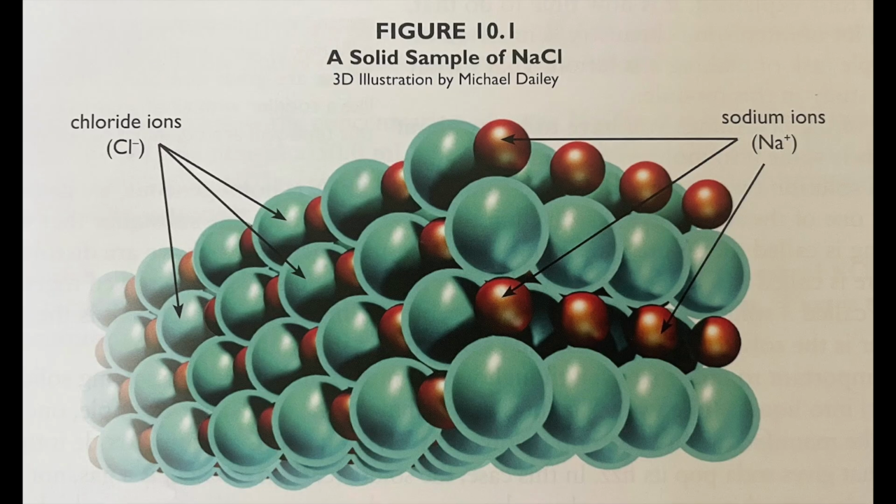But then, normally, we don't just talk about one teeny little molecule, we talk about a bunch. And so what ends up happening is that the ions alternate. So we'd have sodium, chloride, sodium, chloride, sodium, chloride, and we would make this big block of ions put together.